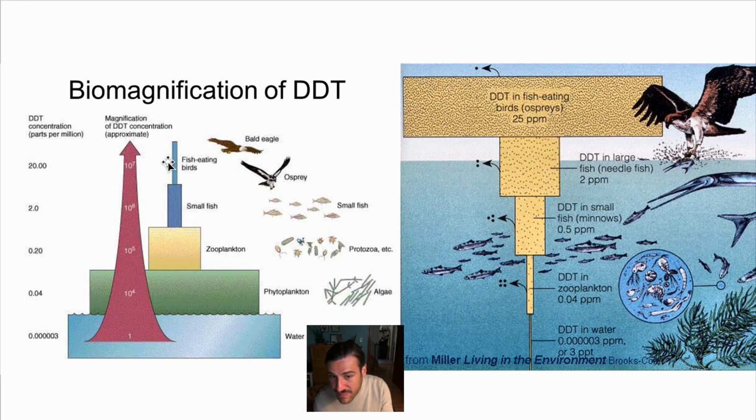There's not a lot of biomass as you get up to this bald eagle, right? However, there is a significant increase in the DDT you find in their tissues. So I really like both of these figures. I think they're imperative to realize what's going on in these systems and that have to do with pollution.